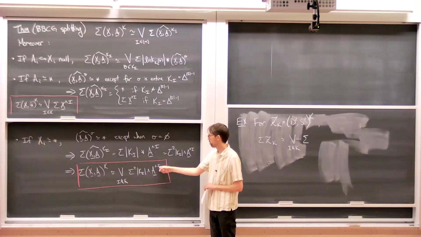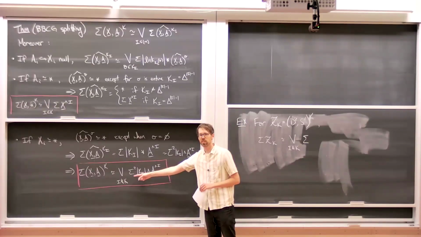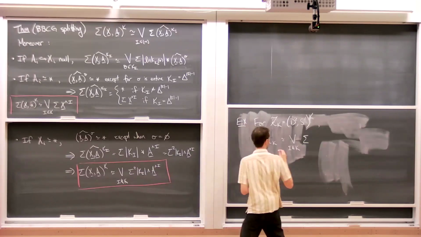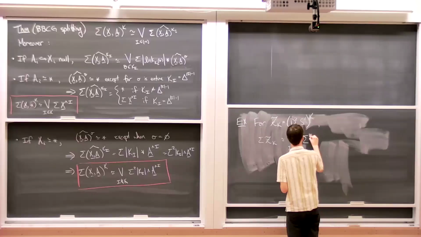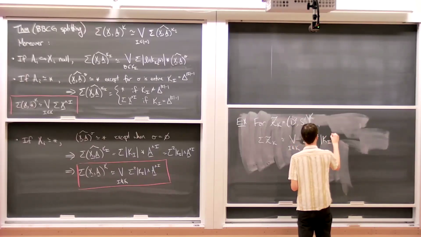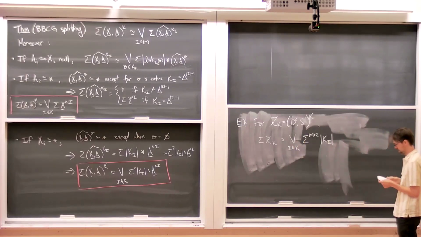And then this is just an I-fold smash of, in this case, S1s. Smashing with S1 just means suspending even further. So I'll have an I plus 2 suspension right here. And that's it. So everything disappears except for full subcomplexes of K.